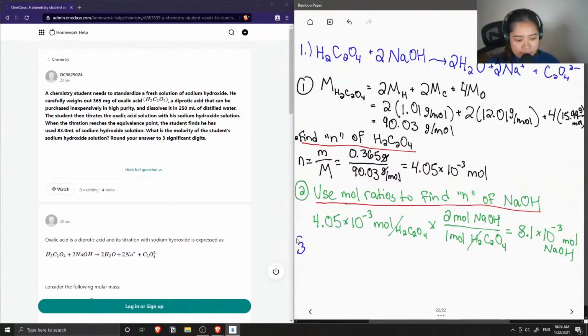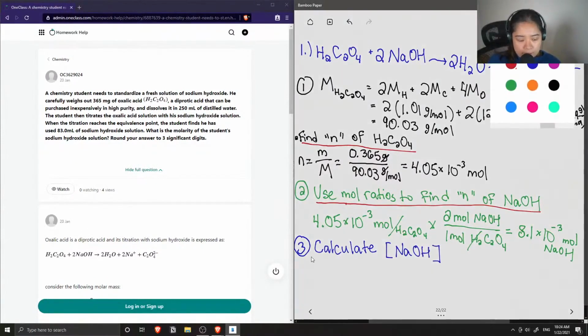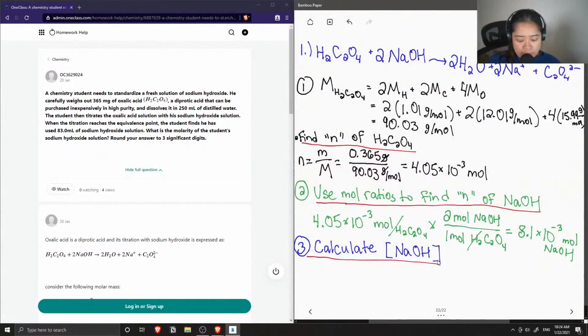So now step 3 is to calculate the concentration of sodium hydroxide. Okay, so we know that concentration is equal to the number of moles over volume. So we found our number of moles in the previous step, which was 8.1 times 10 to the negative 3.